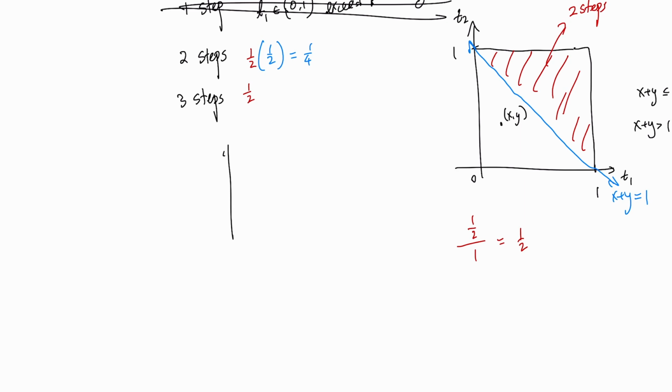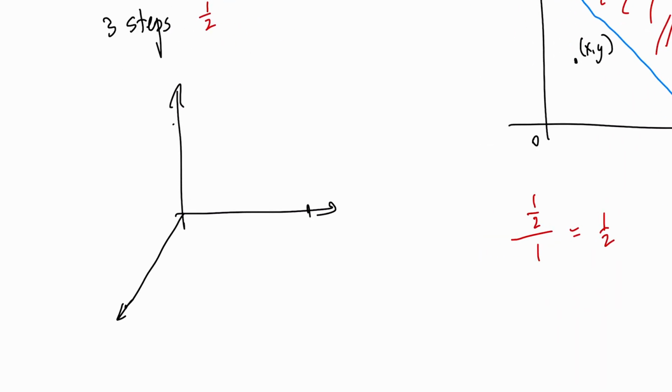We can handle a 3D graph. So we use this geometric opportunity to visualize this probability to make it easier to calculate. x1, x2, x3 from 0 to 1. All right, so what is the probability that the x-coordinate is greater than 1?